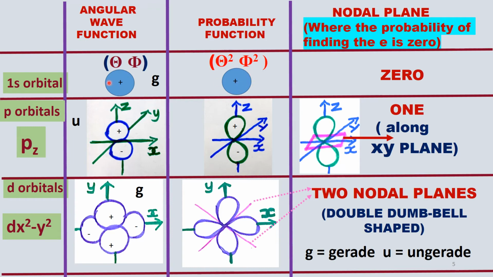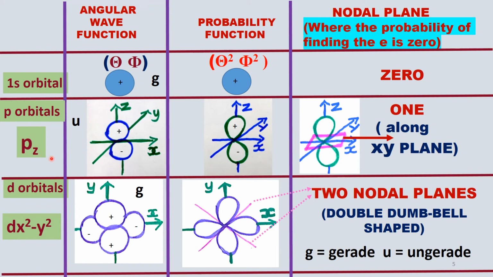This is the mathematical symbol plus. For the 1s orbital there is zero nodal plane. There is probability of finding the electron along the x-axis, y-axis and z-axis.